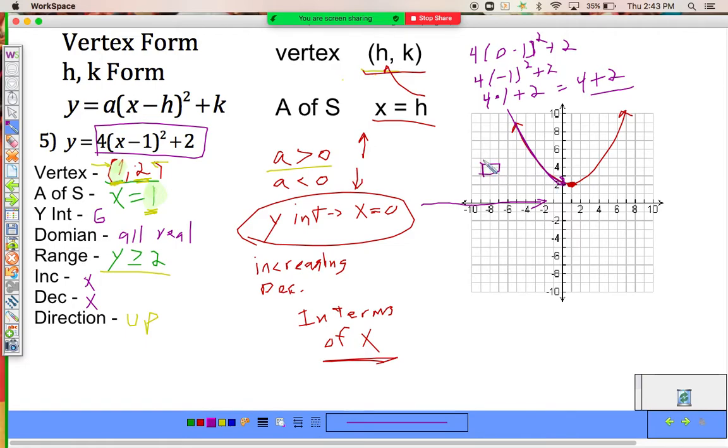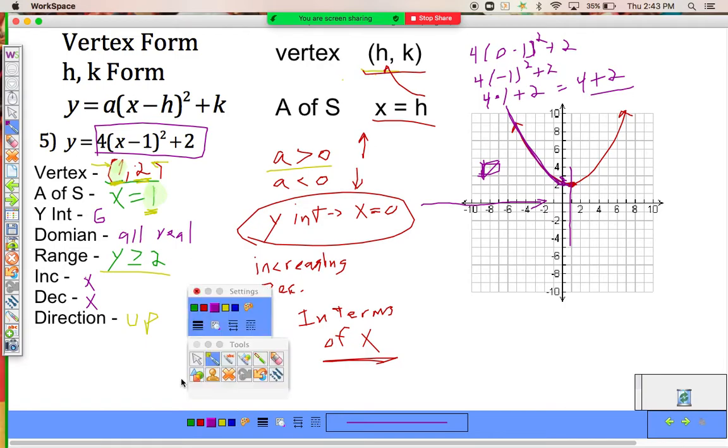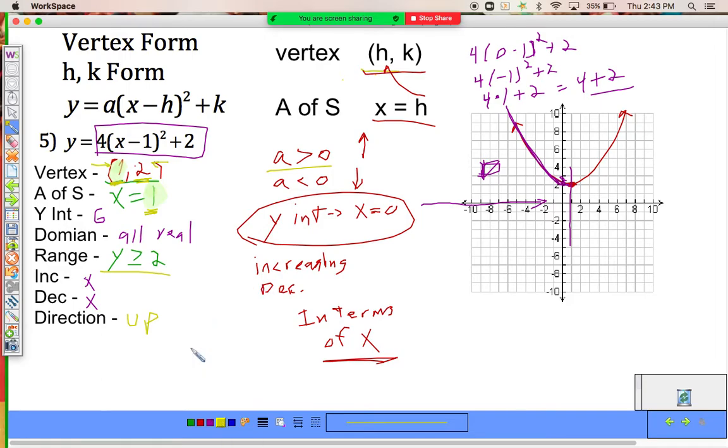As I read it, my graph is going down until it hits this x value. And what is that x value where it changes from decreasing? It changes at 1.